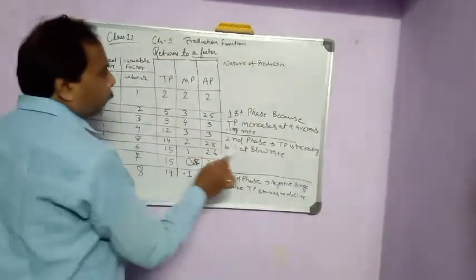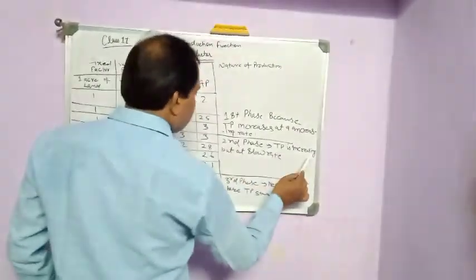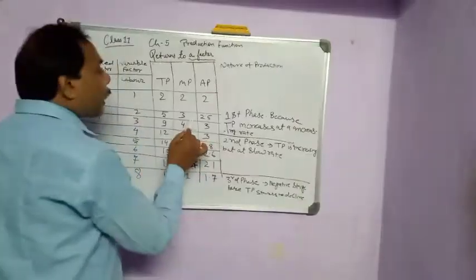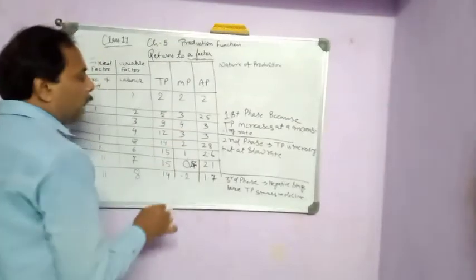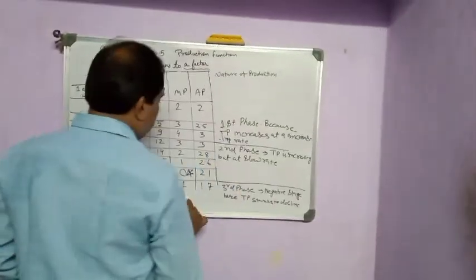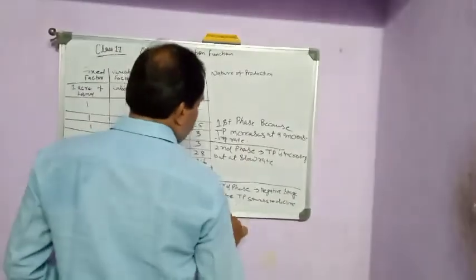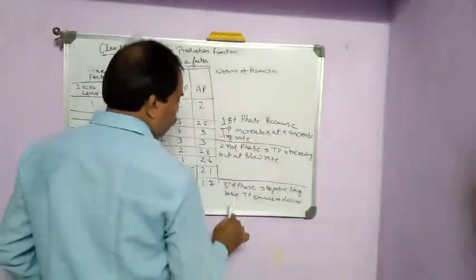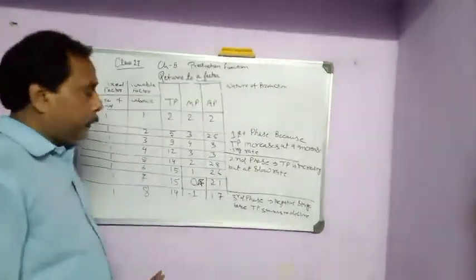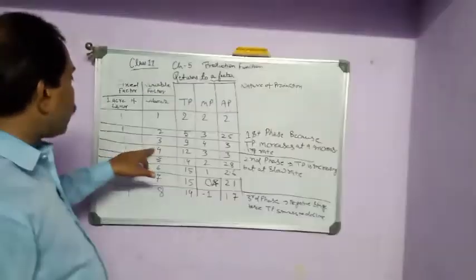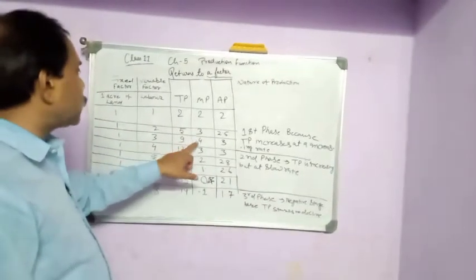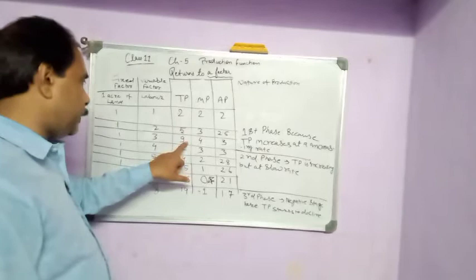After that the total production increases, but at a slow rate, because the marginal production starts to decline, and in the third phase the marginal production becomes negative, so it is also known as the negative stage, and here the total production starts to decline.